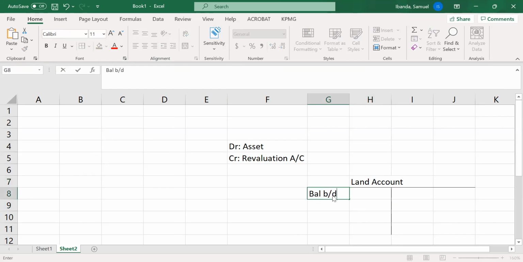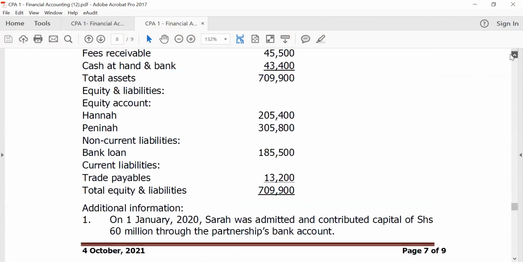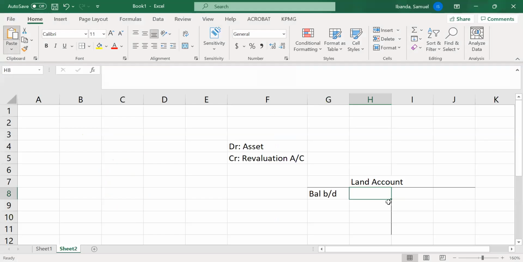Basically, the balance that is within the statement of financial position as we have been provided. So land has a value of 150,400. So right there, okay? And it's being revalued to a higher figure.